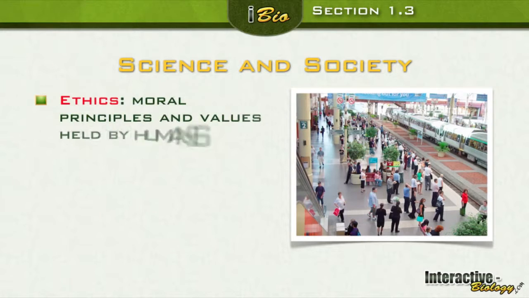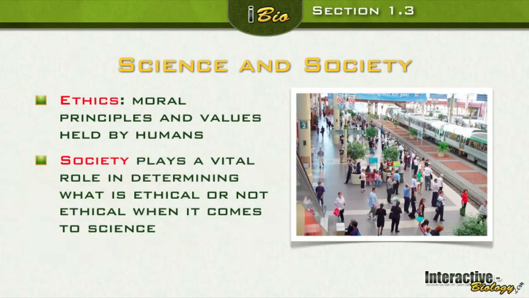So science and society, let's talk a little about that. Ethics are the moral principles and values that are held by humans. Those are your ethics. And society plays a vital role in determining what is ethical or not when it comes to science. I'll give you an example. Stem cell research. There's a huge debate going on about stem cell research, whether it should be done, whether we should use aborted babies, and so on and so forth.